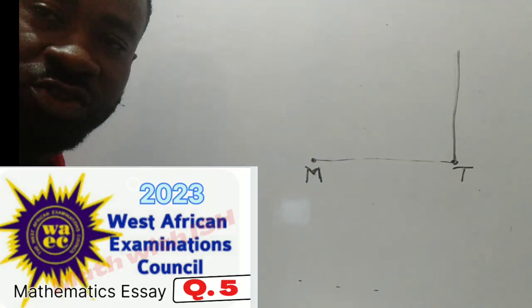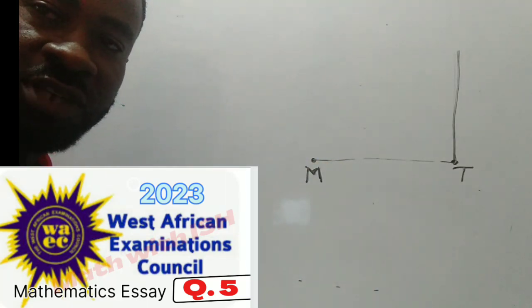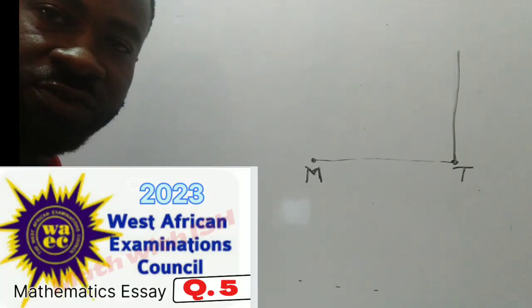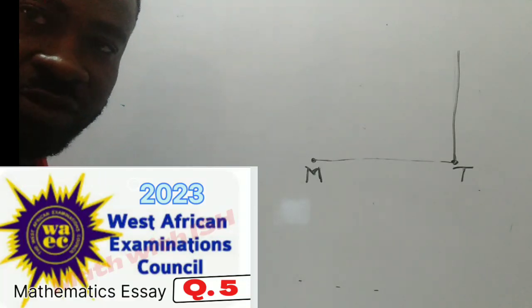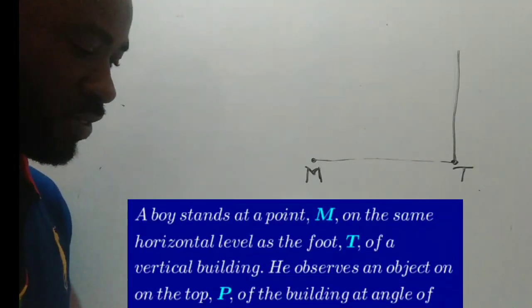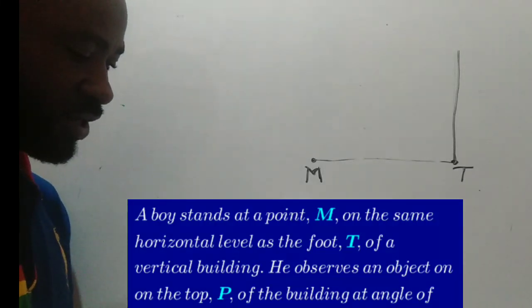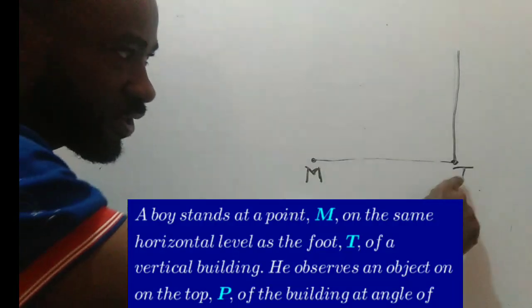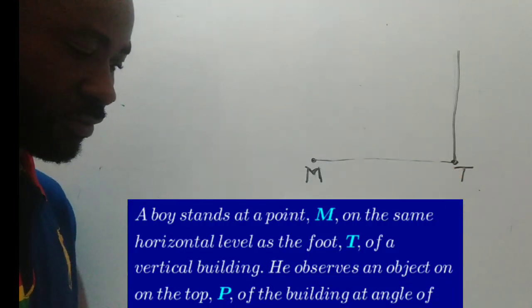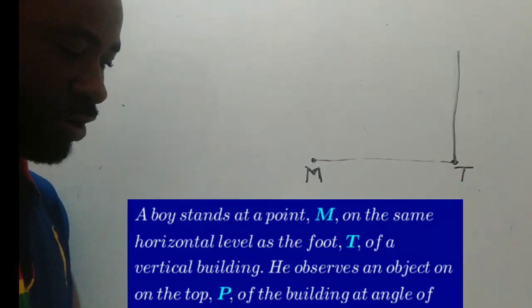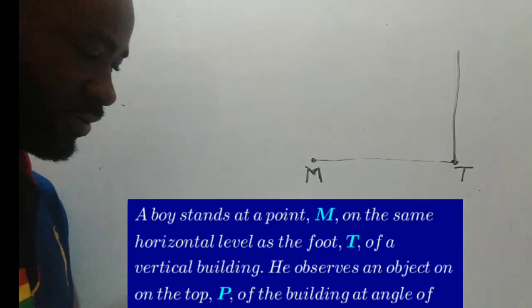Now it's very important you observe all the variables used to represent each point, so that you don't get confused. They say the boy stands at the point N, on the same horizontal level as the foot of the building, and that's this.